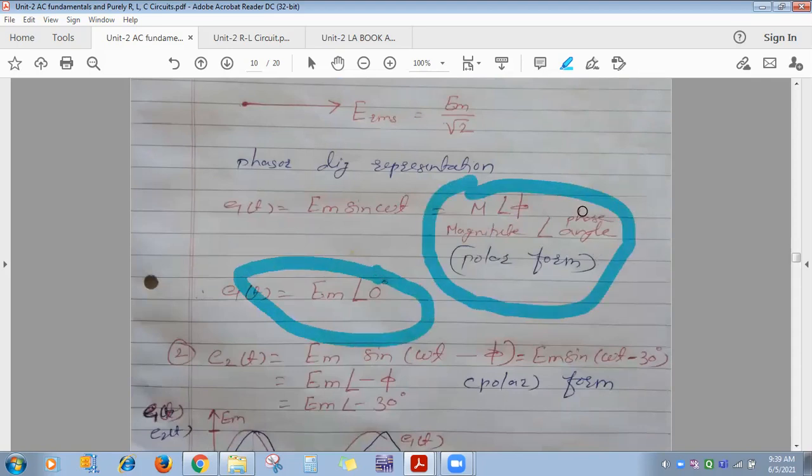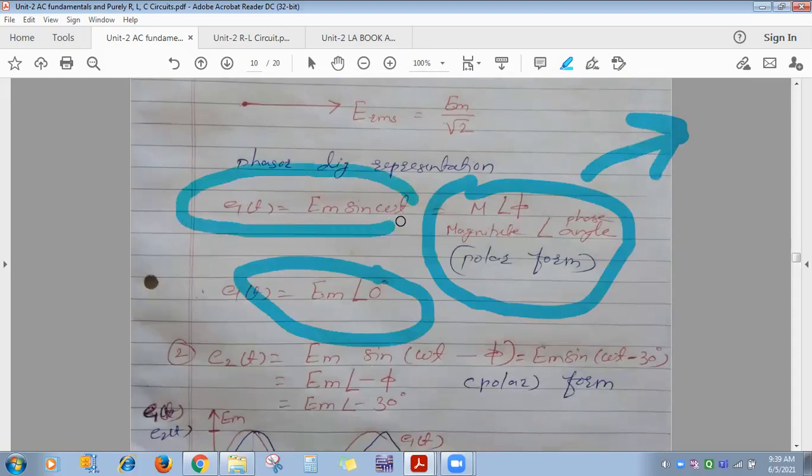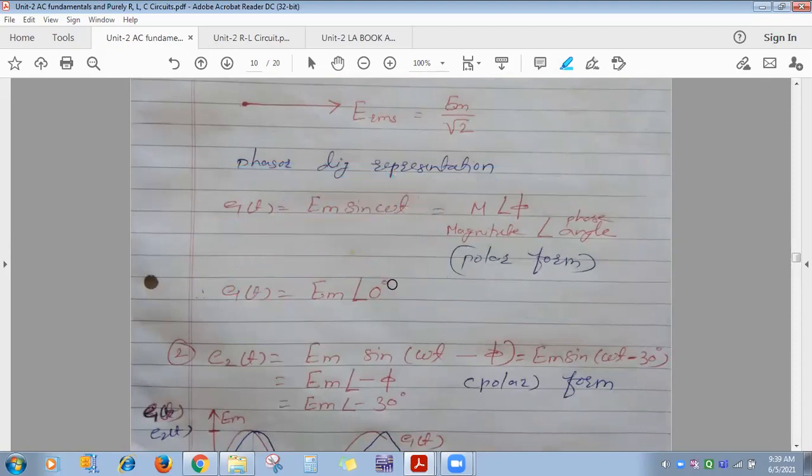And using the calculator you can convert polar to rectangular easily. So whenever you want to do addition and subtraction, rectangular form is convenient, and whenever you want to do multiplication and division, polar form is convenient rather than this one form. How to do that we are going to see now.